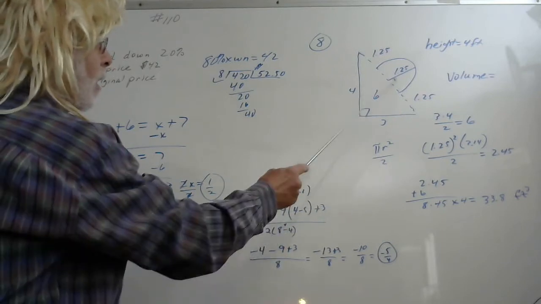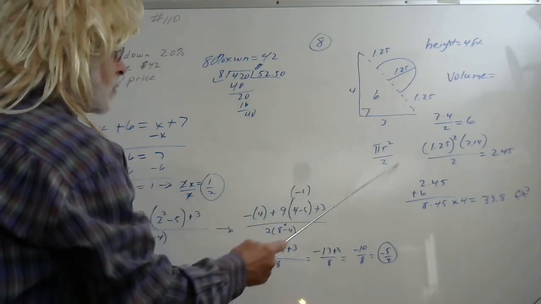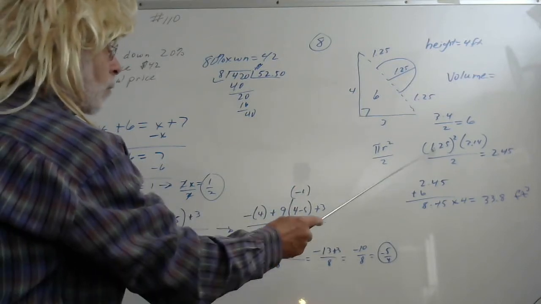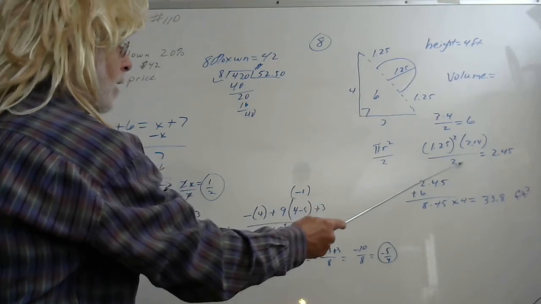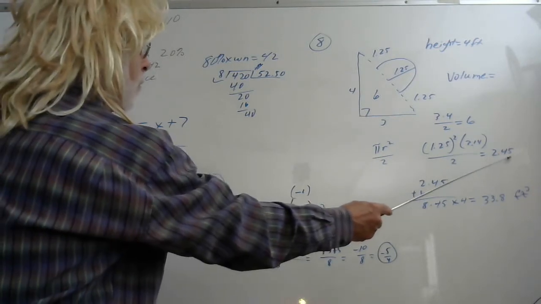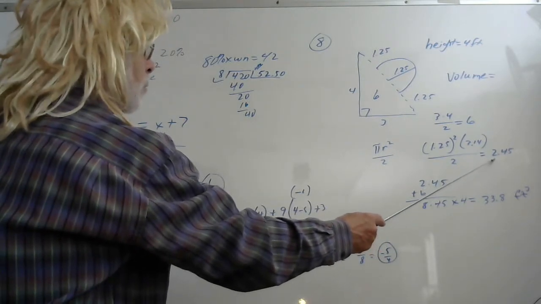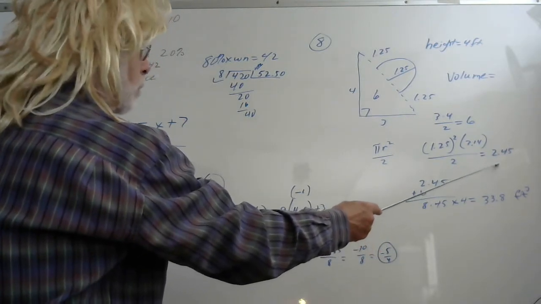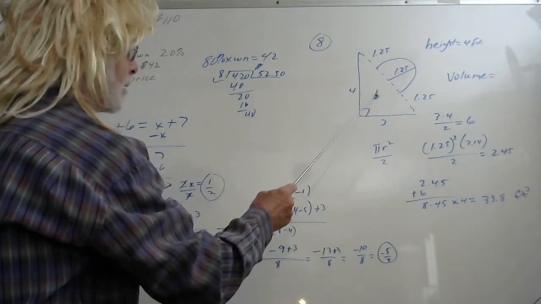To find the area of a circle is pi radius squared. It's half of a circle, so I divide by 2. Well, 1.25 squared times 3.14 divided by 2 is 2.45. I did round this, which makes the answer a little bit different in the book, but I'm able to accept what you put. So I've got 2.45 is the area of this, plus 6.